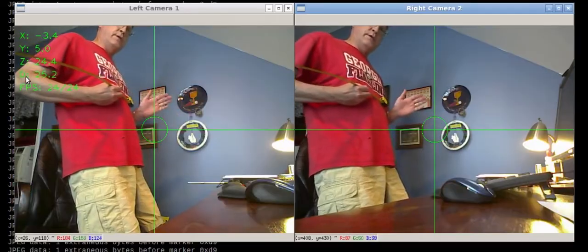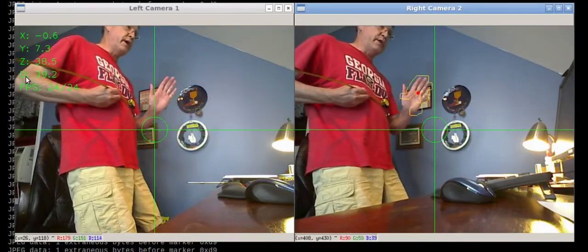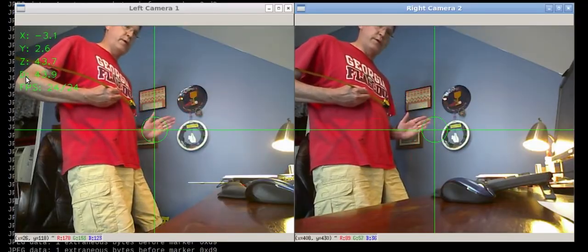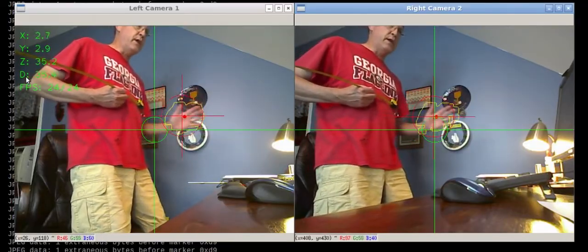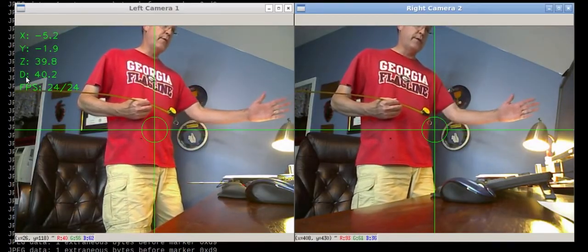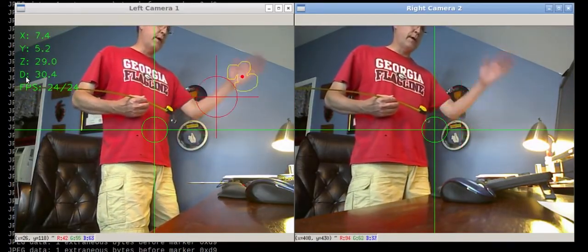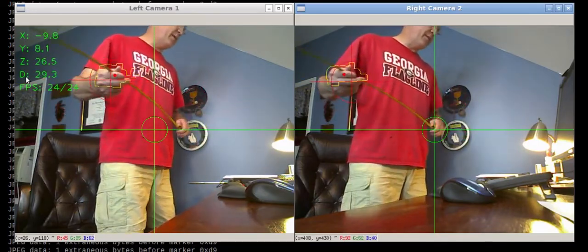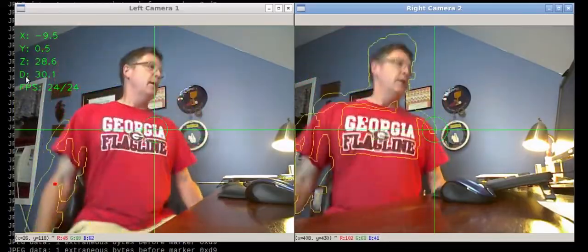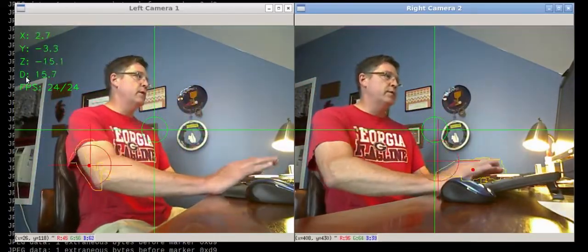Okay. So now, of course, there's going to be a range where you're most accurate. So this is still pretty good right in here, though. And then as you go out to the extremes, you're going to lose your accuracy. I can't even get this thing targeted. I've kind of got the targeting dumbed down a little bit. All right. So anyway, it's working okay.